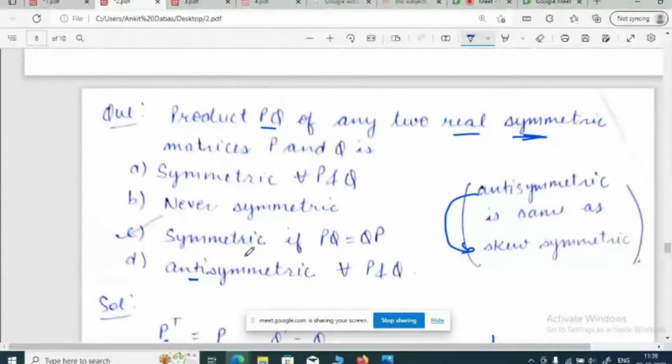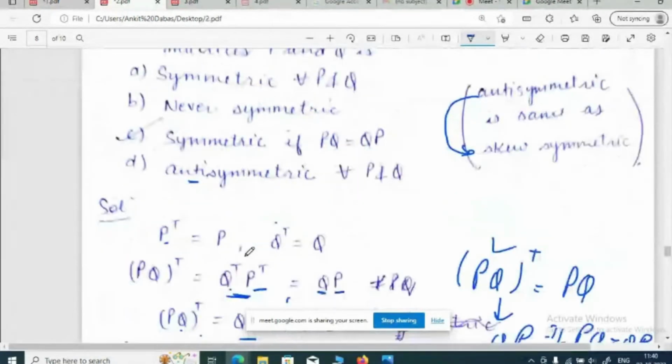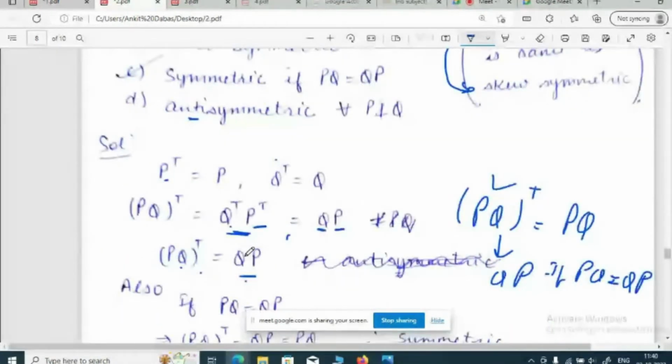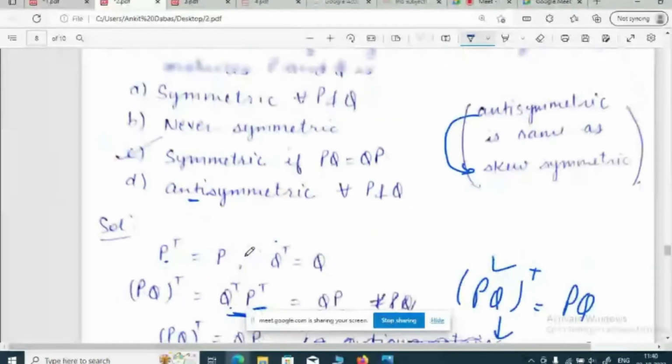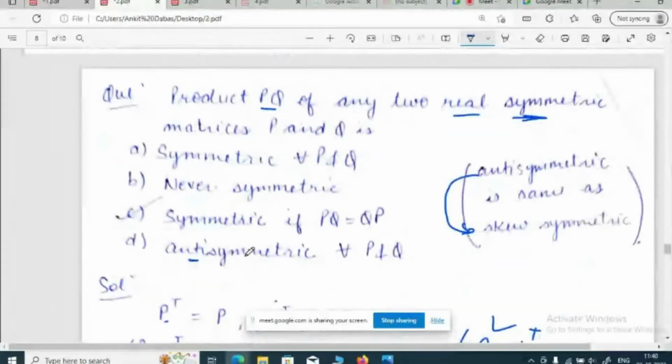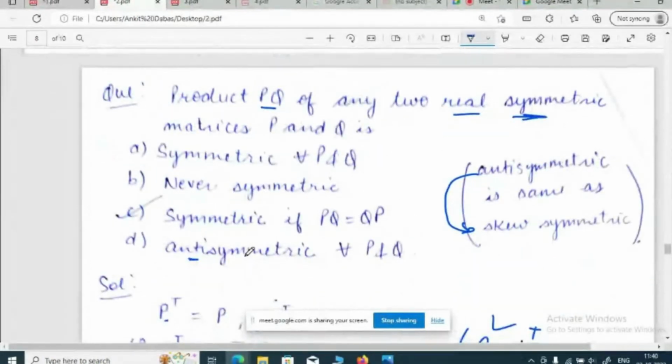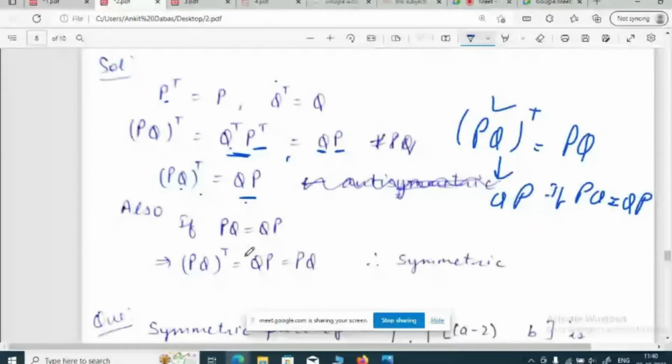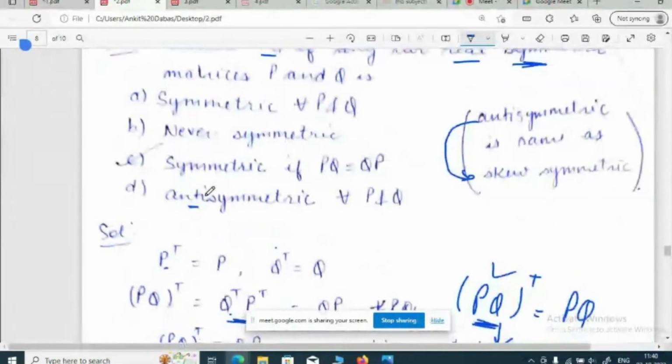So what we were asked is the product PQ of any two real symmetric matrices P and Q. The first option is symmetric for all P and Q, which does not hold true because (PQ) transpose came out to be QP. So this is not true. Second is never symmetric, which does not hold because we saw that if PQ is equal to QP, in that case this matrix turns out to be symmetric. So option B is also not true.